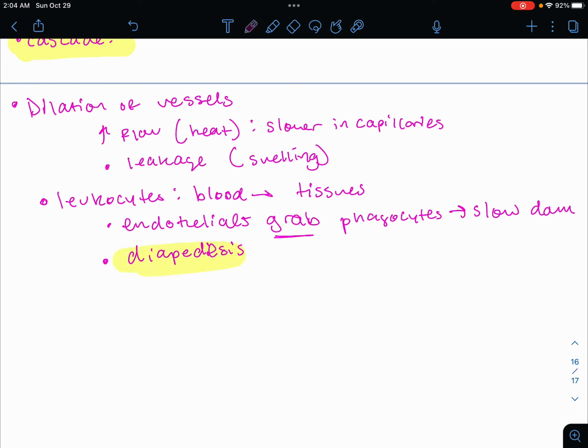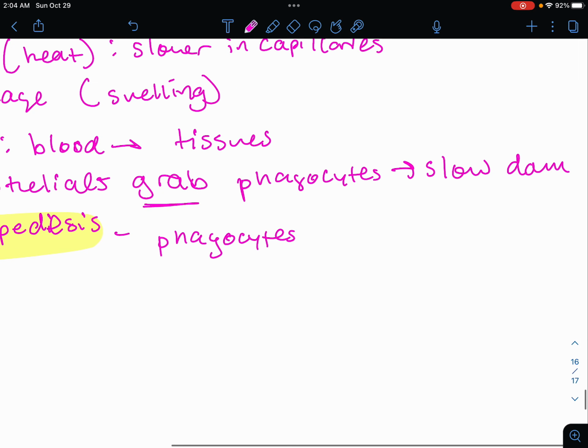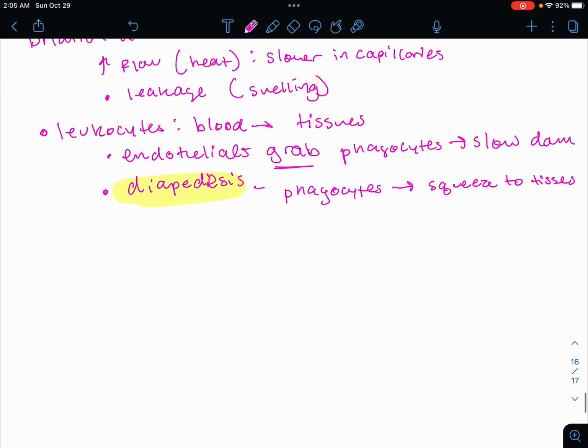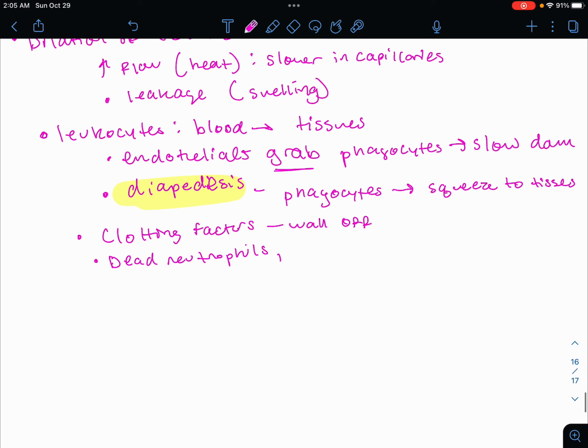This is when the leukocytes, or the phagocytes, the mononuclear phagocytes, are going to go and squeeze into tissues. Diapedesis is that process. Clotting factors wall off the site of infection, and then the dead neutrophils will accumulate as the pus.